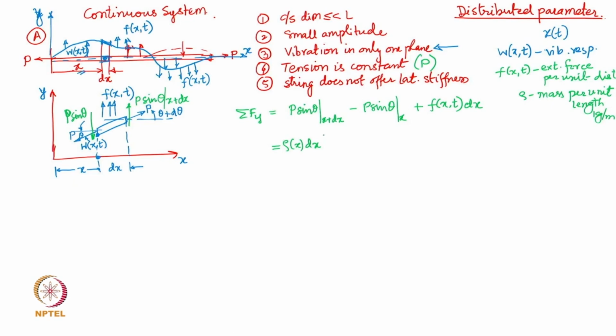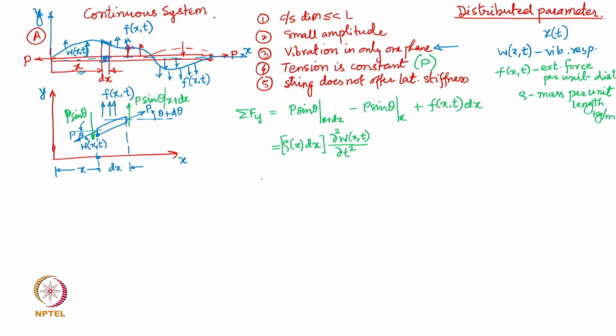This now becomes the total mass of the string element of length dx times partial derivative squared of w of x comma t by dt squared, that's basically the acceleration of this string element.